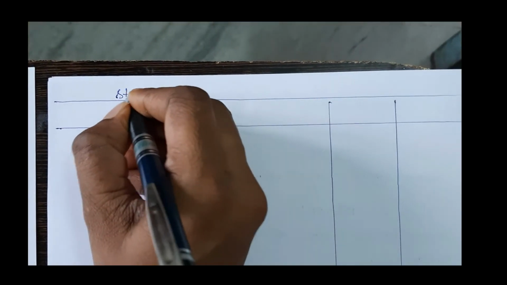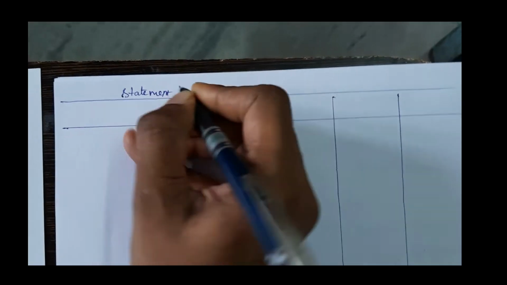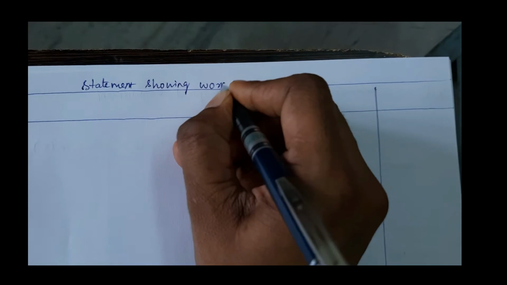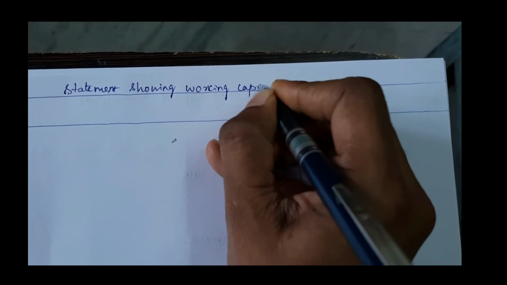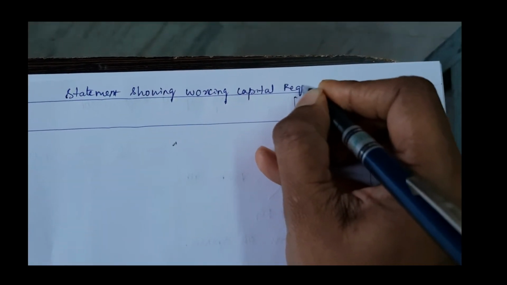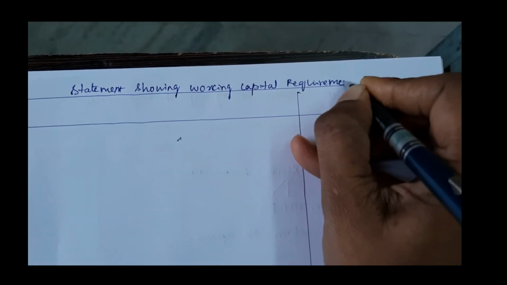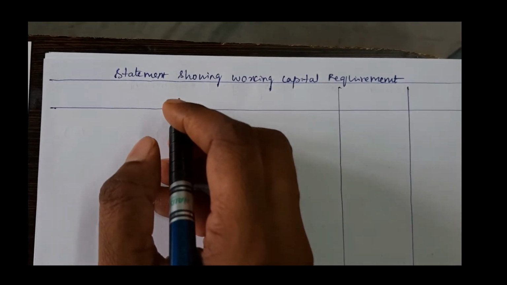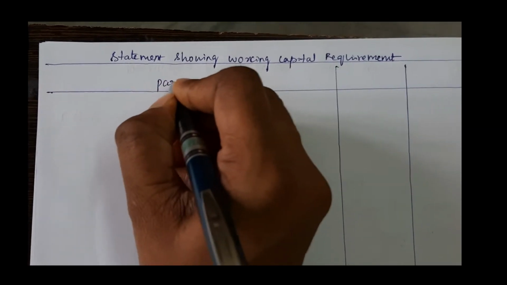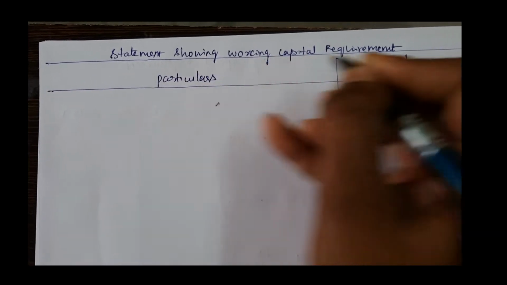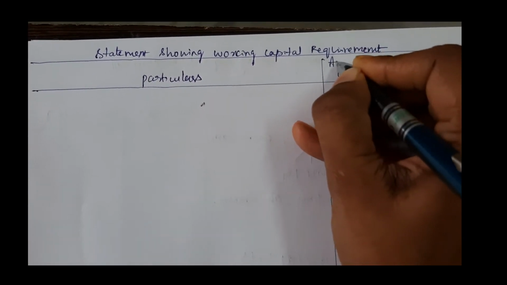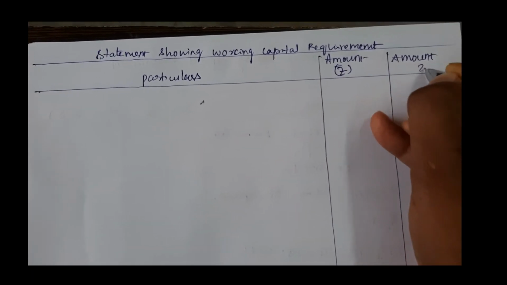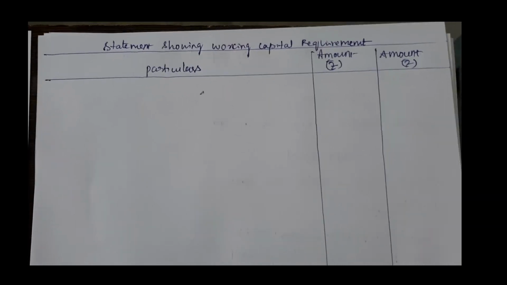Now we will see the preparation of a statement showing working capital requirement, for which we have to maintain 3 columns: particulars, amount in rupees, and amount in rupees, inner column and outer column.